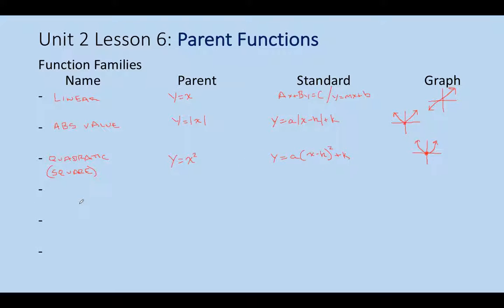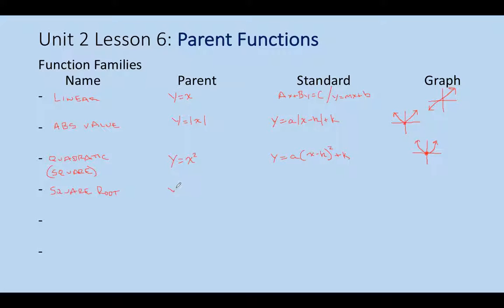All right, let's do the opposite of the quadratic family, and that would be the square root family. Now, the square root family is not technically a function, and so, oh no, it is a function. I'm thinking of the other one.